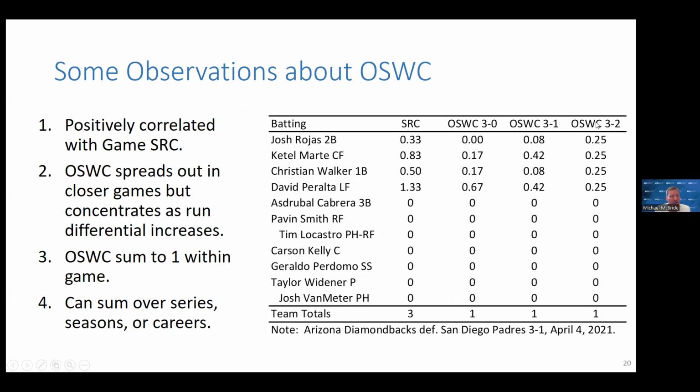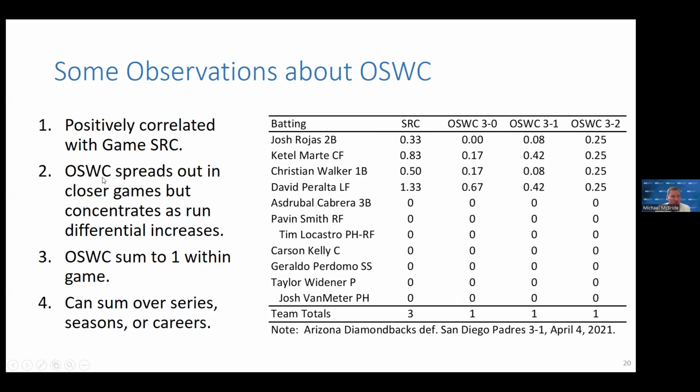As the score margin of victory increases, we see that the credit is going to be distributed more unequally. And so if it's a blowout win, now Peralta is going to get the lion's share of the credit, and in fact, one of the players, their run contribution was never marginally significant. So it was never valuable in winning the game. So this player no longer gets any win credit.